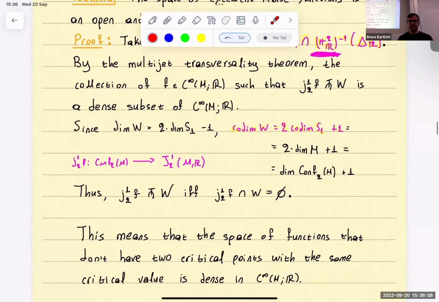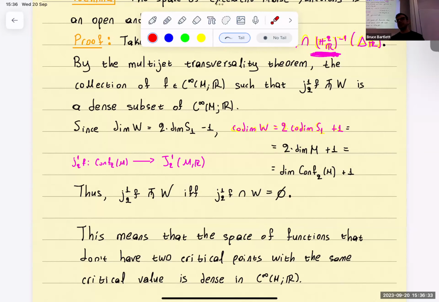There's something that's confusing me here. Where did we use the second jet of the function, the 2 jets? Actually, we were using the 1 jet. Sorry, we're using the 1 jet of the function, but on the configuration space of 2 points. Yeah, exactly. The 2 doesn't refer to jet dimension.